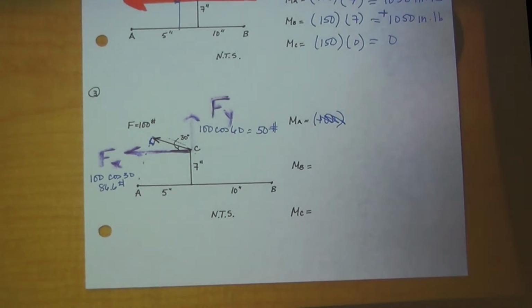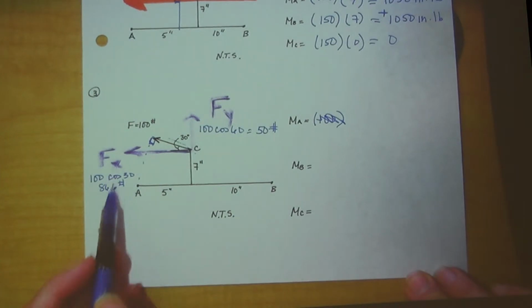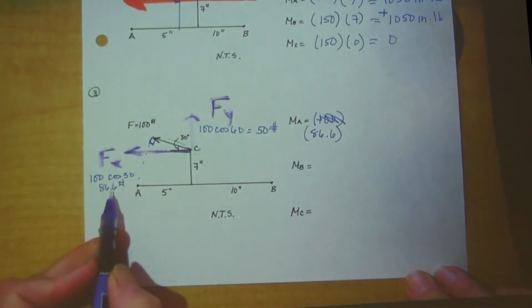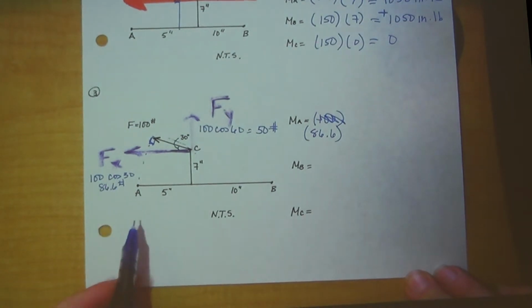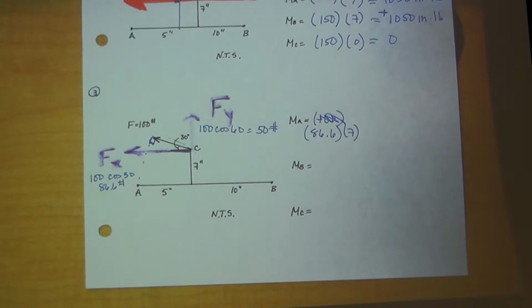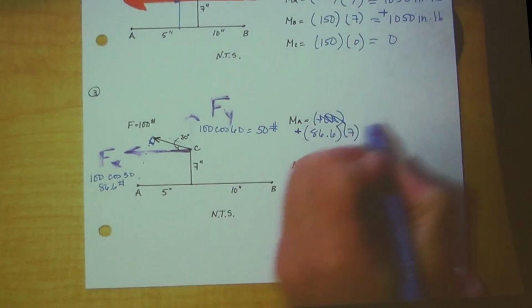So I just broke that force up into components because I could do that in my sleep. I've done it so many times. So now Isadora, let's look at Fx. Fx is 86.6, right? What's its perpendicular distance to A? 7. And does it create a positive or a negative? Positive. And then how about Fy?